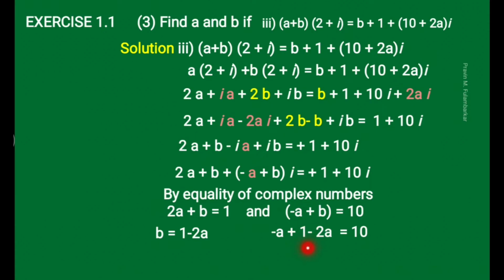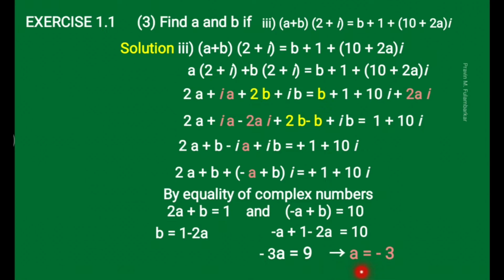After transferring this plus 1 to the right hand side, we get 10 minus 1, which is 9. So we get minus 3a equals 9, so a equals minus 3, because 3 threes are 9, and transferring this minus sign to the right hand side, we get a equals minus 3.